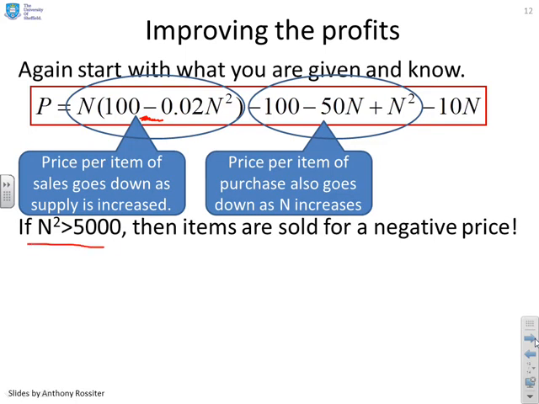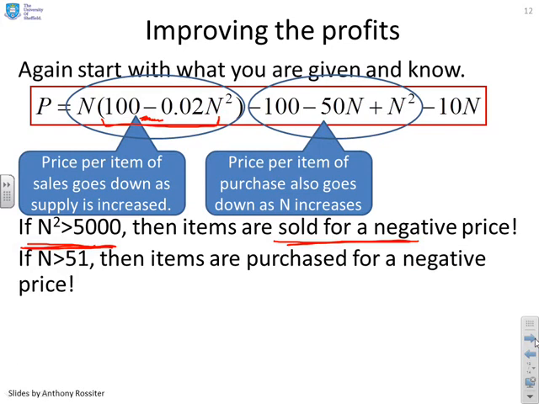If n squared is greater than 5,000, and that corresponds to this bit in here, then the items are sold for a negative price. Now that really is pretty bad business. It means you're paying people to take the items away. If n is bigger than 51, then items are purchased for a negative price, which again seems a bit bizarre, and that comes from this equation here.